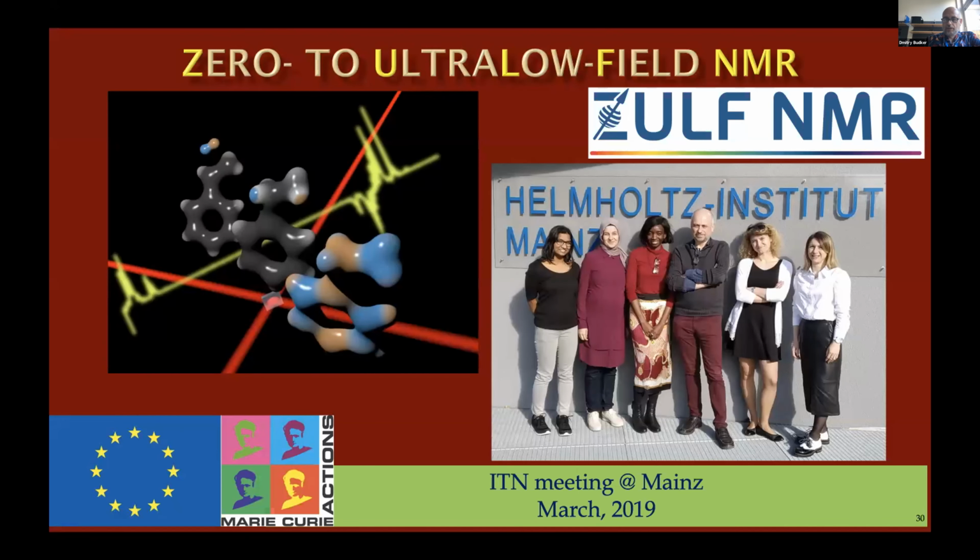And the lead organization for this ITN is actually Krakow. Professor Szymon Pustelny is our leader there. And there was a meeting at Mainz, and some of the students in this network are seen here.